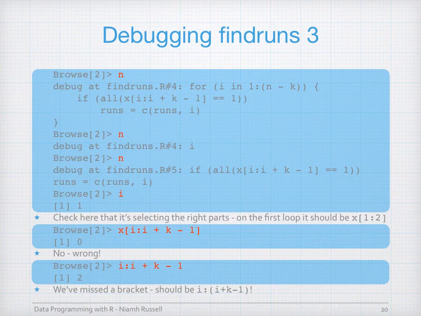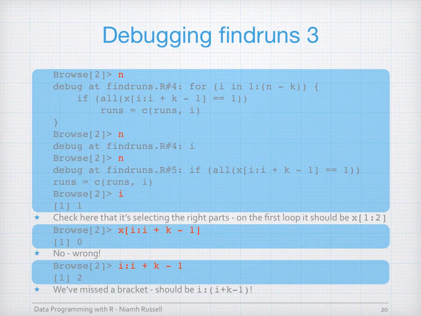Okay, so now let's break down the if statement here to make sure that it's doing what we want it to do. The first thing we're going to look at is this i plus k minus 1 here. We want that to be equal to 1 plus 2 minus 1, which is 2, because we want to check positions 1 to 2 of our vector x to see are they all 1s.